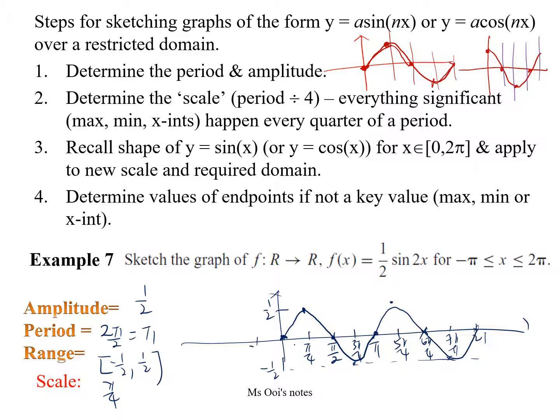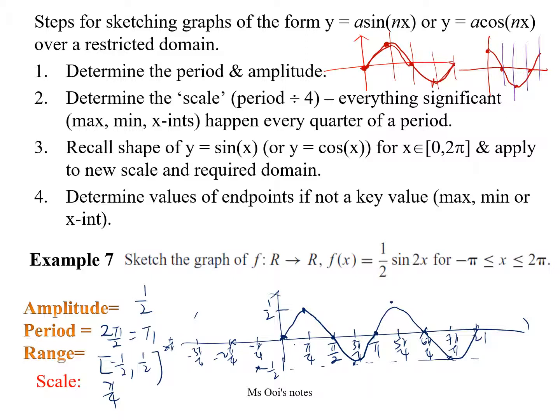And then you go to the other side again. You repeat negative pi over 4, negative 2 pi over 4, negative 3 pi over 4, negative pi. Again, go to center, and go to max, and go to center.